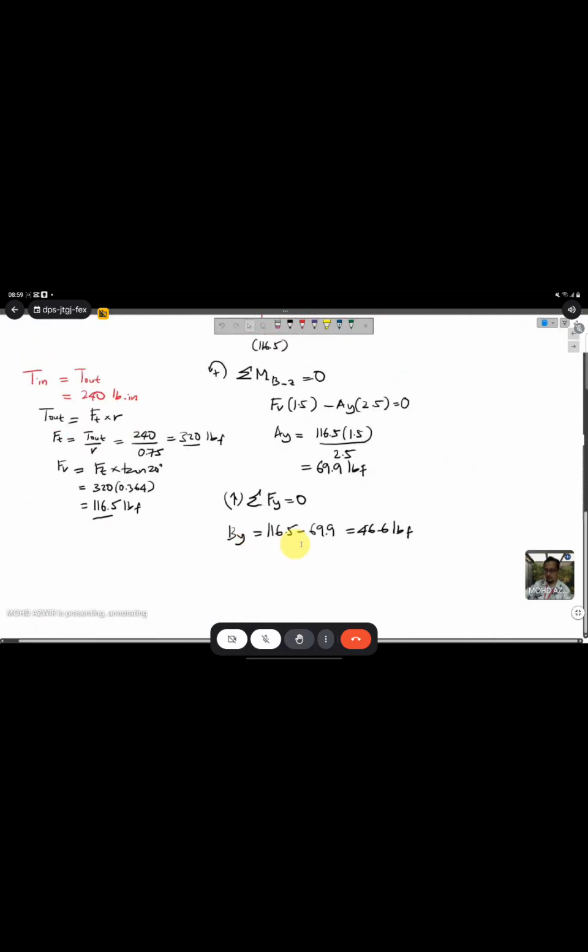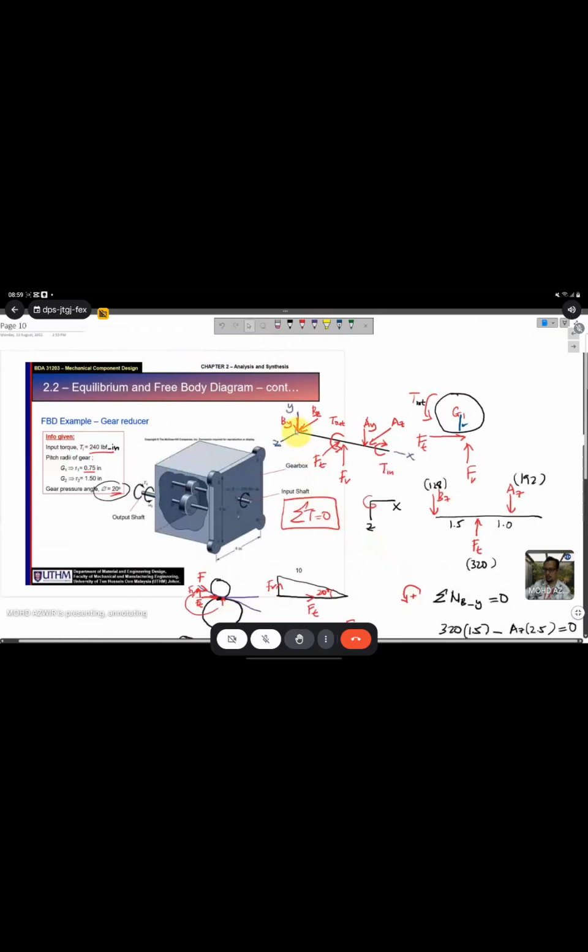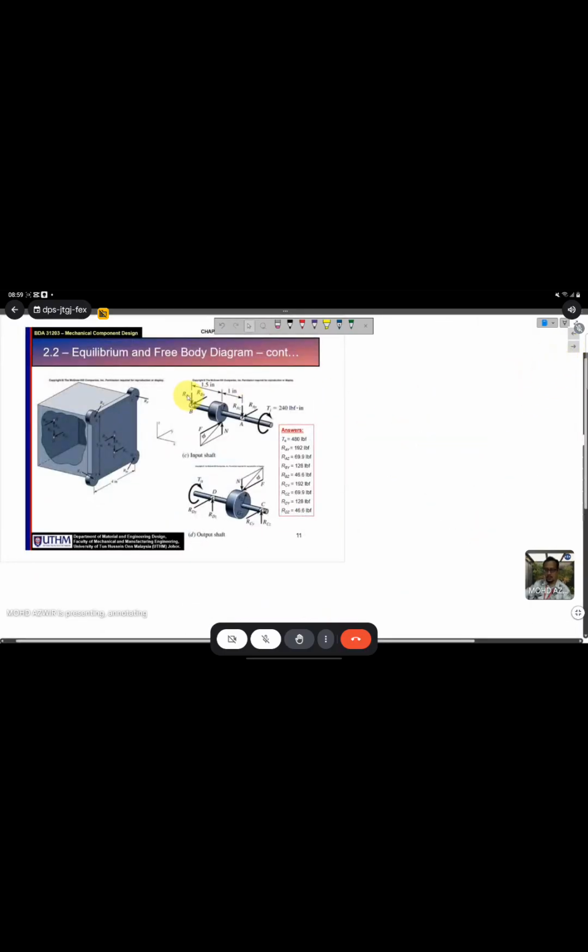What is it? BY is 46.6. Here RBZ is 46.6. Only the name is different. The answer is the same. So the rest I need you to do on your own. Try, because this one you already learned. So this is the answer for the force.